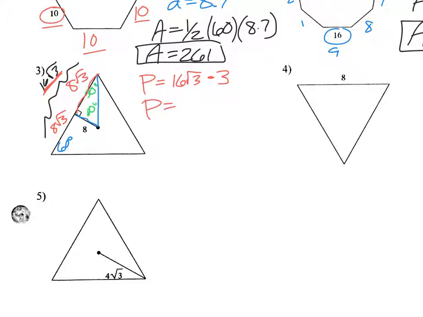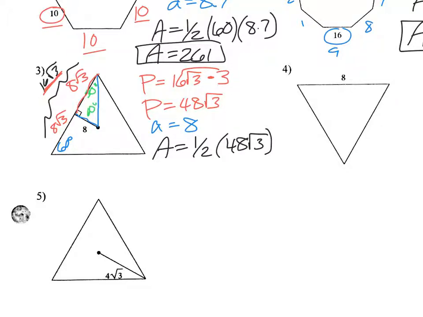Now, rather than multiply all this out and get a decimal, I'm going to wait till the end. So I'm just going to do 3 times the 16 and get 48 square root of 3. The apothem is 8. So area is 1/2 perimeter times apothem.